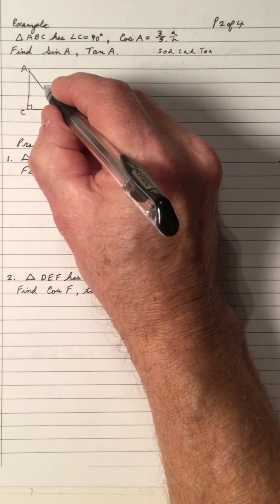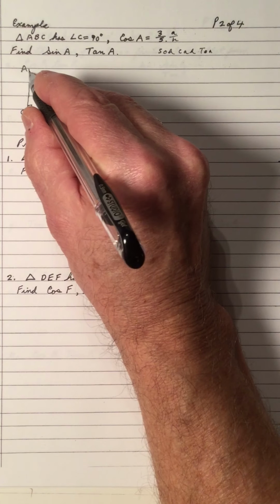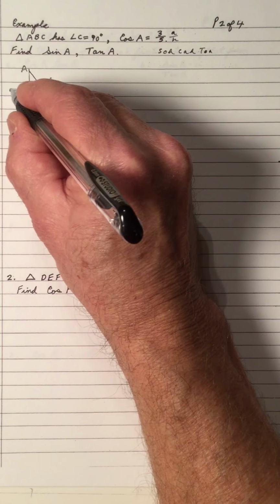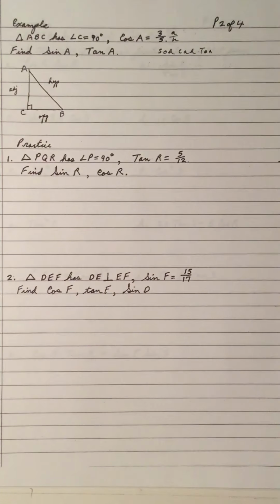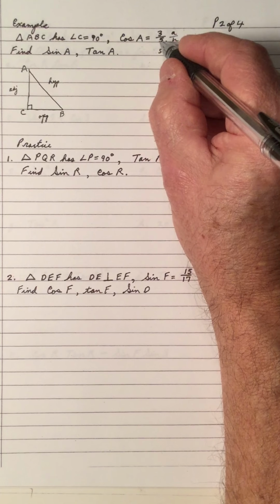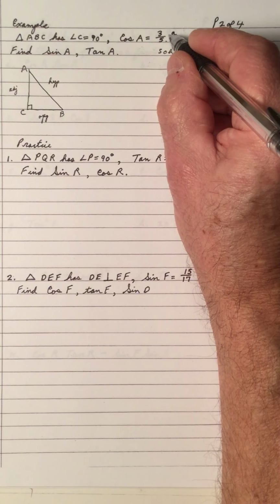If this is the hypotenuse, we have angle A, so this is adjacent, and this side is opposite. So if cos A is 3/5, A over H is 3 over 5.